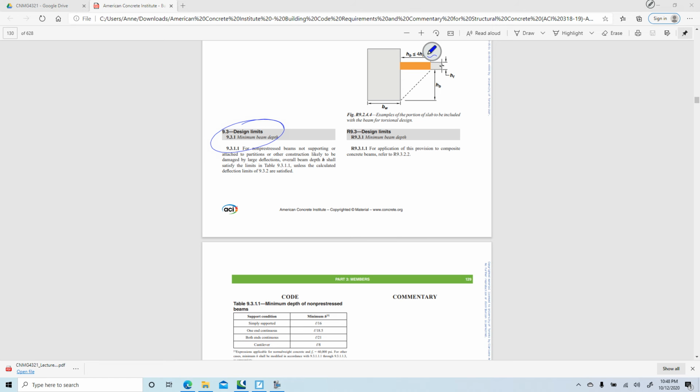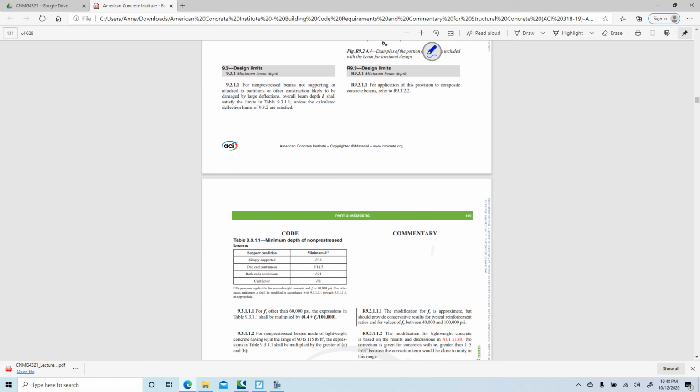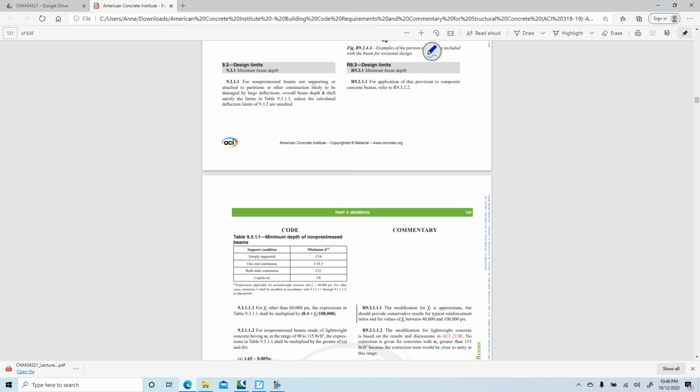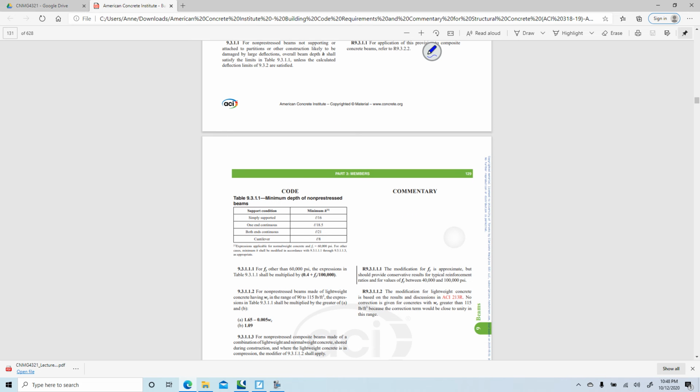Minimum beam depth. For non-prestressed beams supporting or attached to partitions or other construction likely to be damaged by large deflections. Notice this is dependent on deflections. The overall beam depth, height, not the depth to the, not the d, but the h, the overall height, shall satisfy the limits in this table unless you calculate deflections.